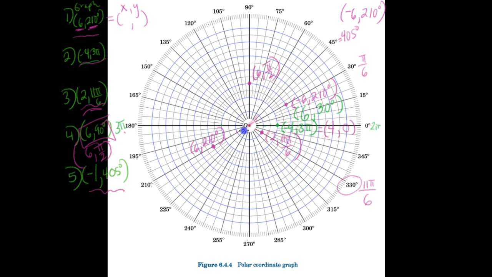So we are here, and we're getting a little sloppy, but this is 45 degrees. You know, it's halfway in between 180 and 270. So we're going to go 1 unit from there, follow that line. So that would land us right there. So that would be negative 1, 405 degrees.